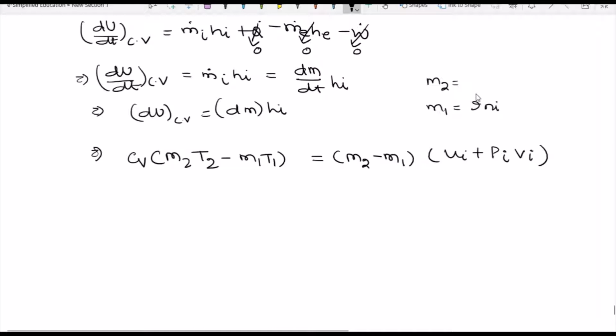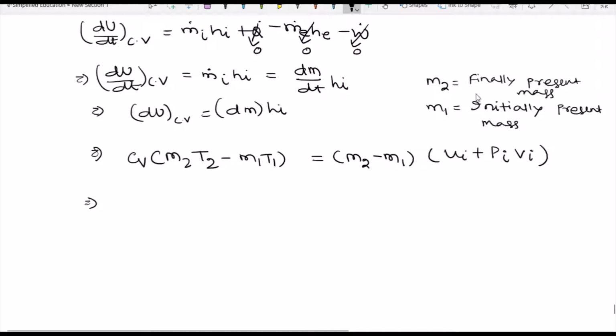M1 is initially, as it is an unsteady flow process, initially some mass is present in the insulated chamber. M2 is the finally present mass. Initially some mass is present and m2 is finally some mass is present. Mi is the amount of mass entering into the chamber, the insulated chamber.